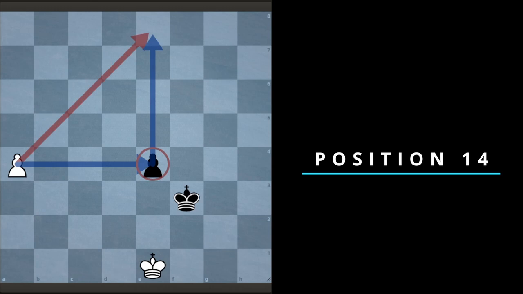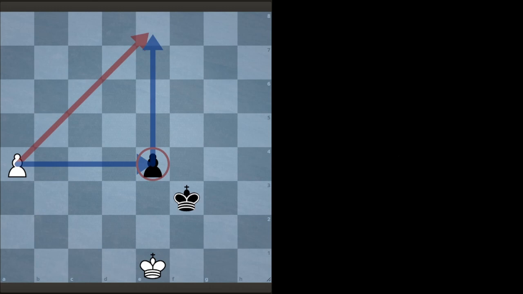If the king cannot get into the square of the pawn for whatever reason, at this moment we are talking about the obstacle of the same pawn as the black pieces, then the king cannot catch and capture the pawn. Why is that? Because the only way to get into the square of the white pawn is to get into e4. And of course e4 is taken by the black pawn, therefore the king cannot get there.